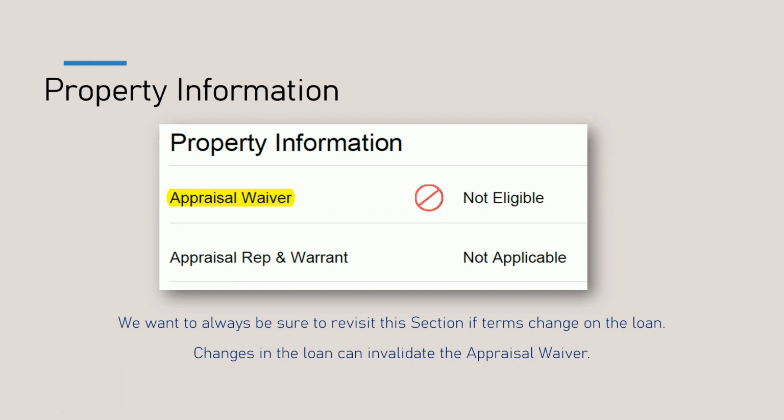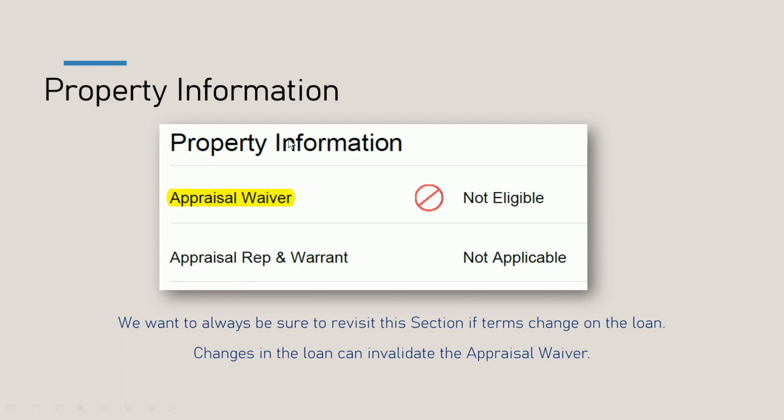But do keep in mind, if your loan terms change, you want to make sure you still get that appraisal waiver. We have had situations where we would get appraisal waivers and then something would change. Loan amount would increase, value would decrease, anything like that, and your appraisal waiver was invalidated. So what does that mean? You now have to order an appraisal.